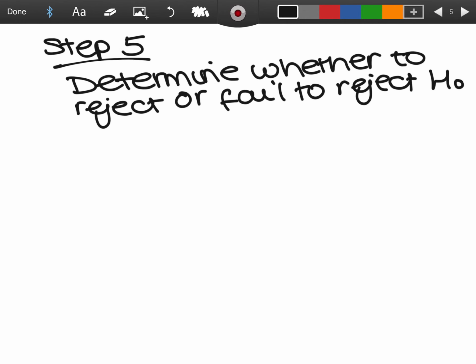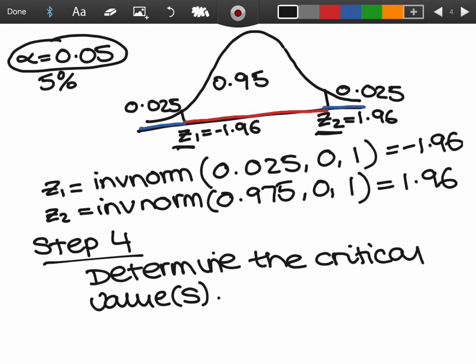So do we want to reject the null hypothesis, or do we want to fail to reject the null hypothesis in favour of our alternative? Okay, so let's look back at this. So we have these critical values. And as I said, if it falls between those critical values, we're fine. We're not going to reject our null hypothesis. We're going to fail to reject it. We're going to say, okay, it's perfectly fine as it is.